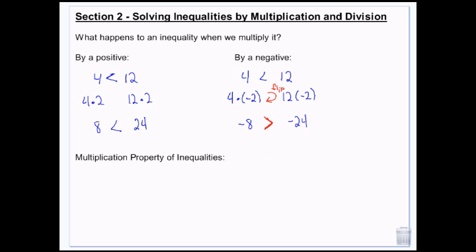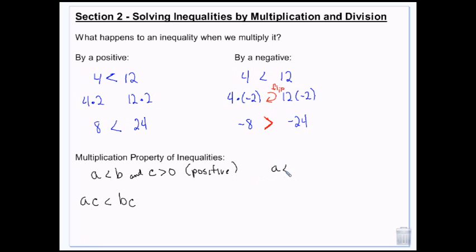Okay, so the multiplication property of inequalities tells us that if A is less than B and C is greater than 0, so it's positive, if I multiply by C, nothing changes.